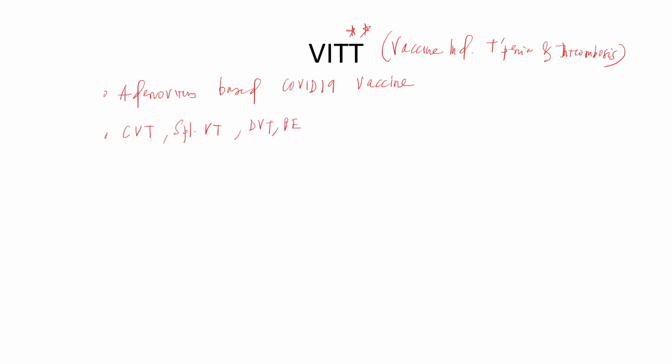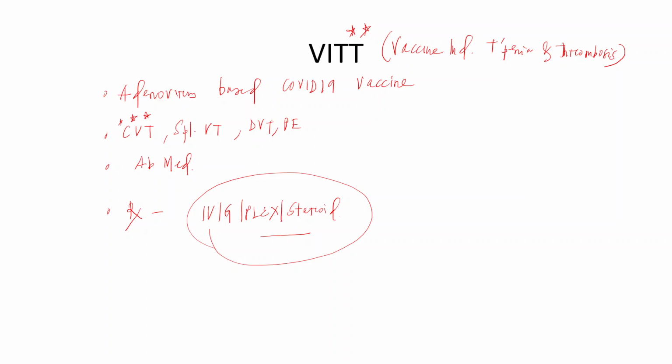For the initial case reports, most of the cases presented with cerebral venous thrombosis. This is also antibody mediated, antibody against platelet factor 4. But here the treatment is, you have to use either IVIG or plasmapheresis or steroids, to reduce the effect of these antibodies.